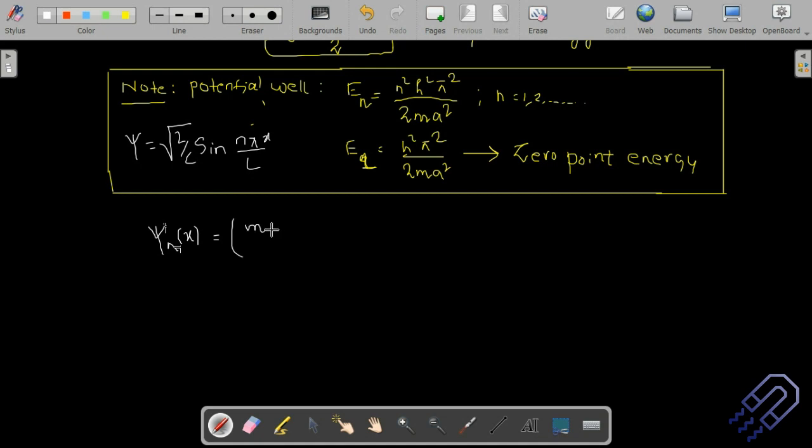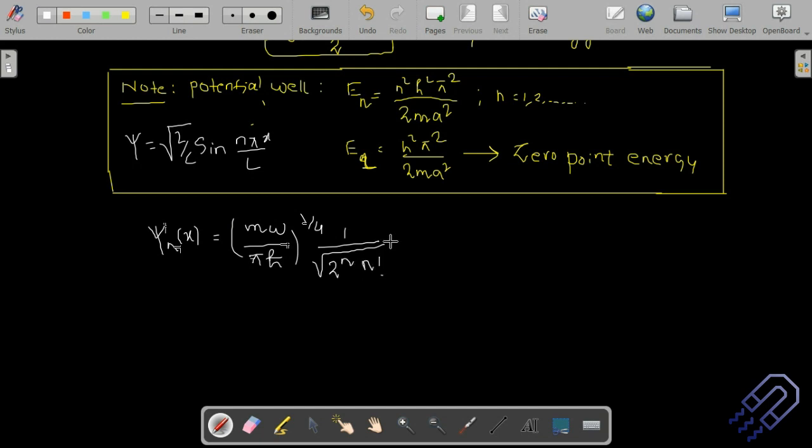If we actually solve it, we get m omega divided by pi h cross, the whole thing to the power 1 by 4. This is the sad part, we have to remember this because it's important. There are numericals based on this direct wave function application as well. Then 1 divided by root over 2 to the power n into n factorial.